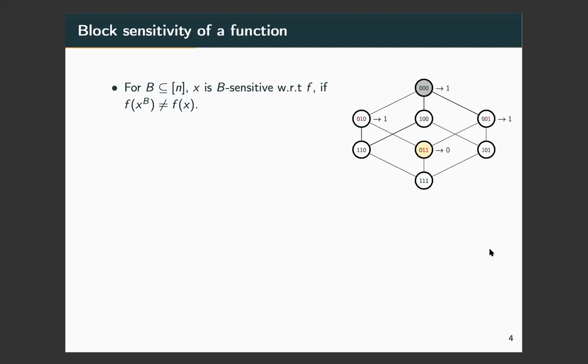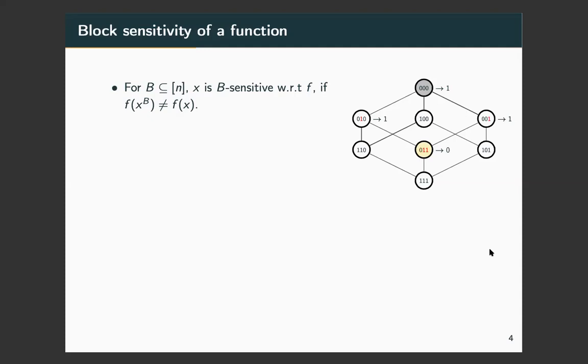Now we will try to define the block sensitivity of a function. To do so, we first define the sensitivity of an input to a block. Here a block is any subset of bit positions, not necessarily consecutive. For a set B, which is a subset of the set {1,...,n}, an input is said to be B sensitive if the function evaluated on the input with all the bit positions in the block B flipped is different from the original function value.